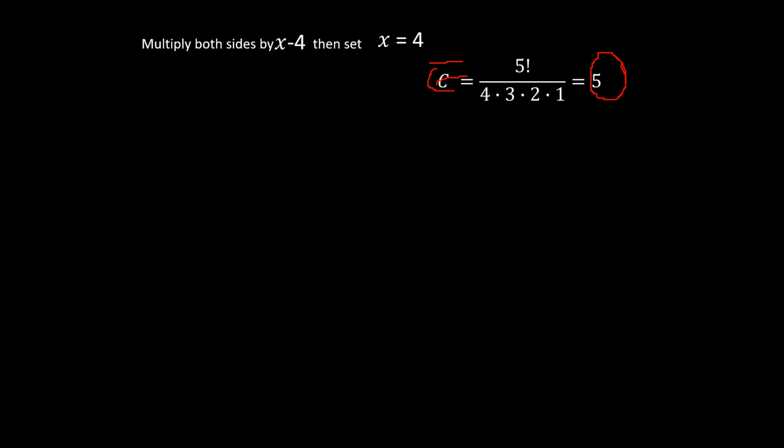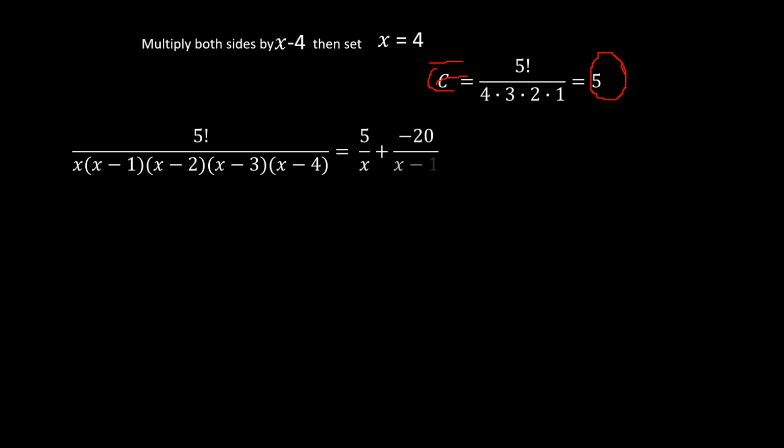And then lastly, finding e, we find it to be 5. So our partial fraction now becomes 5 over x, minus 20 over x minus 1, plus 30 over x minus 2, minus 20 over x minus 3, plus 5 over x minus 4.